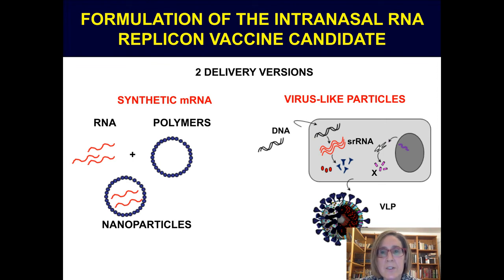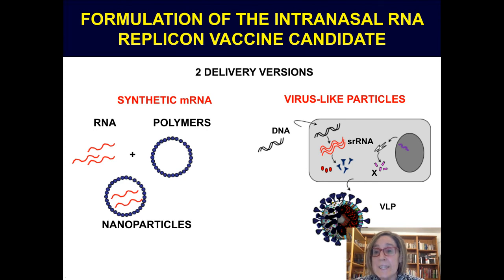Two formulations are being assayed for the delivery of the RNA replicons of SARS-CoV-2. To the right, the strategy of virus-like particles, similar to that described for MERS coronaviruses. The DNA coding for the RNA replicon is transfected into packaging cell lines, which provide in trans those structural proteins necessary for propagation to generate virus-like particles that include the RNA replicon inside.